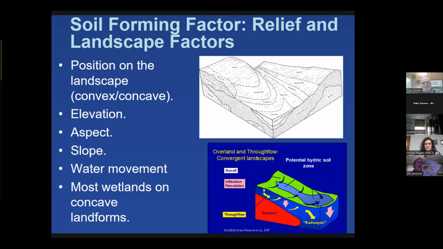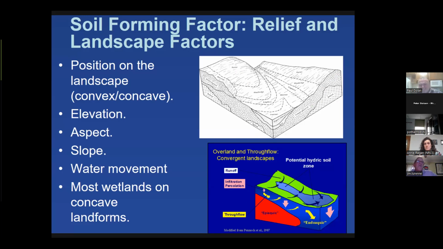Some of the other factors we looked at, we talked about the relief, where you are in a landscape, whether it's steep or shallow. We actually use a soil landscape model when we're mapping soils. We relate different soils to occurring on different landscapes. So once we identify the landscape, we can start determining what we think the soils will be on that landscape. So think about where you are.